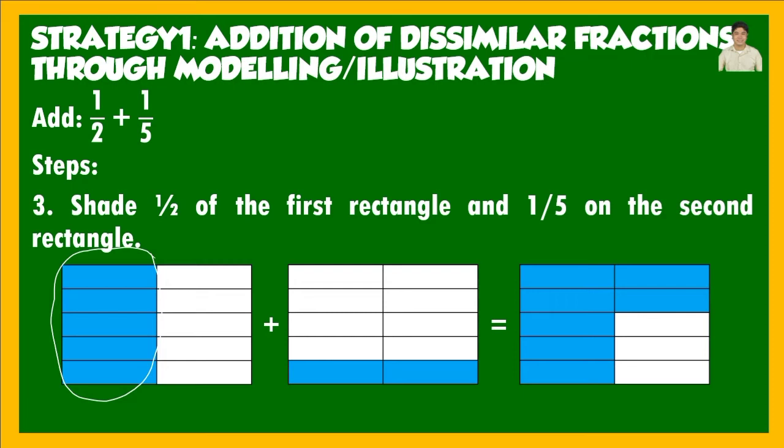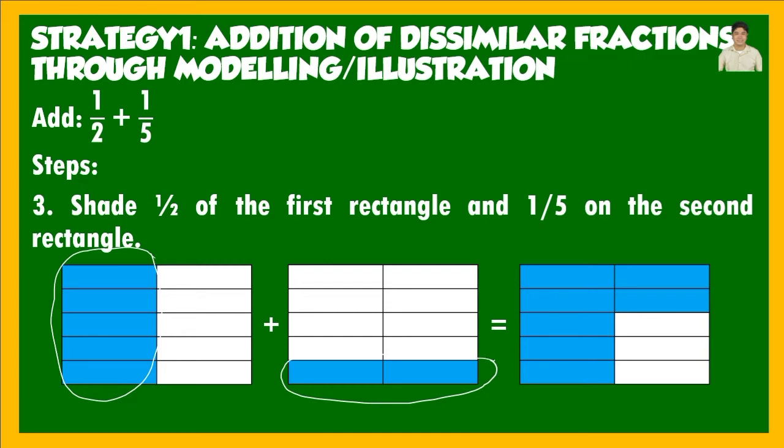As you can see, itong portion na to ay dalawa. So dahil pareho na po sila ng pagkakahati, ang gagawin lang po natin sa sagot is pagsasamahin lang po. Okay. So dito sa ating final answer, kung mapapansin nyo, 7 yung shaded portion.